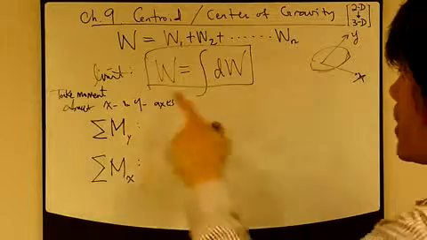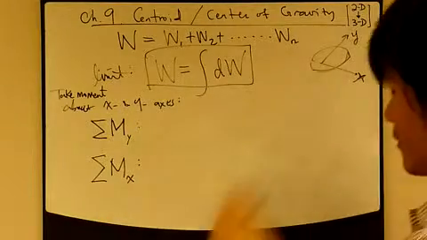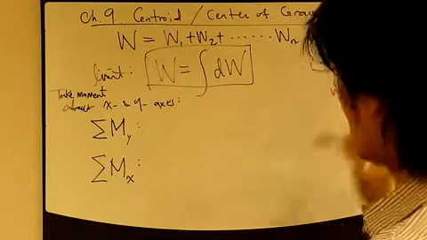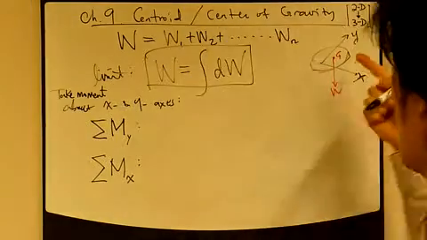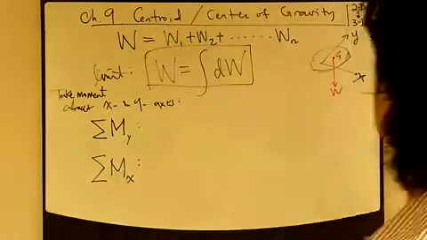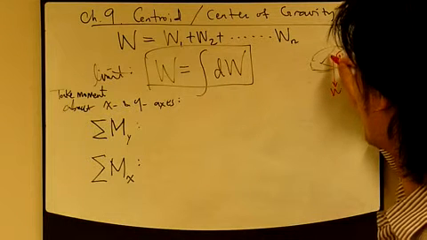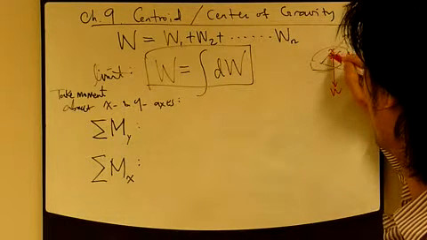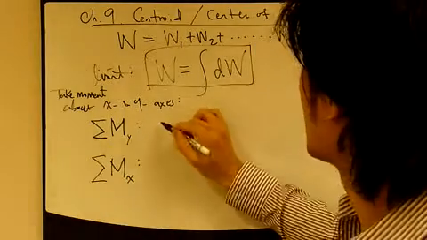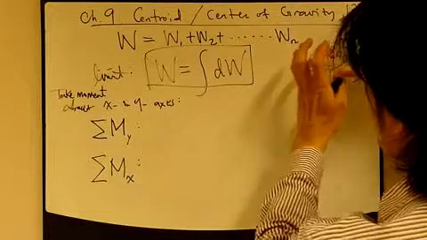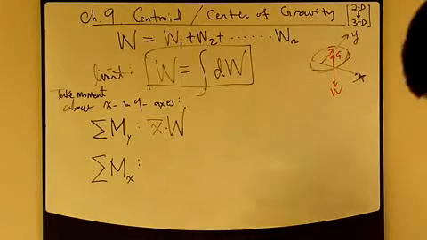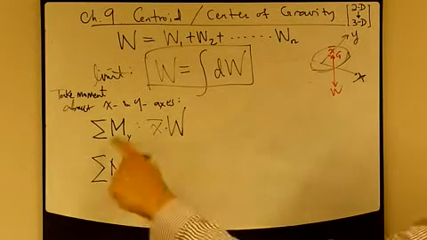In this case, the moment of the weight vector W about y-axis is the moment arm, which is exactly my x bar. So the sum of moment about y-axis for this rigid body as a whole is your x bar times W. So this is your moment about y-axis.